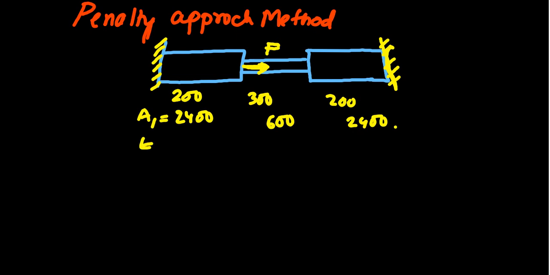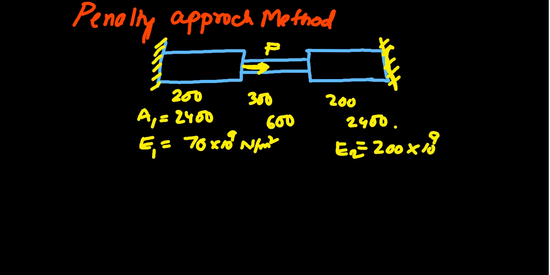Young's modulus for element 1, say E1, is 70 into 10 power of 9 Newton per meter square, and E2 is given as 200 into 10 power of 9 Newton per meter square. The value of P is given as 200 into 10 power of 3 Newton.